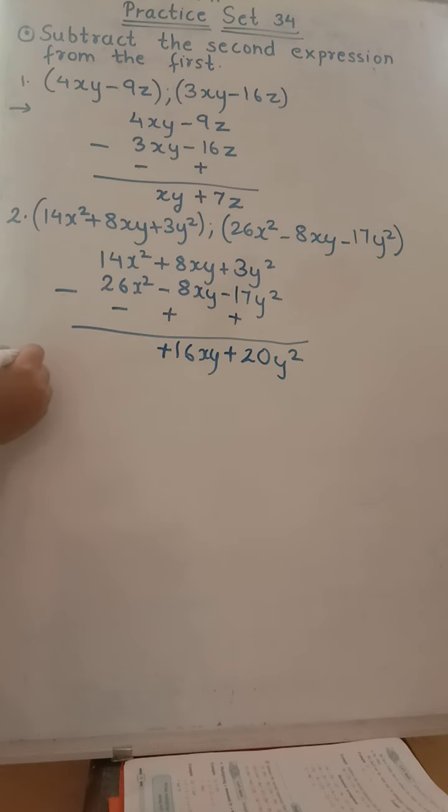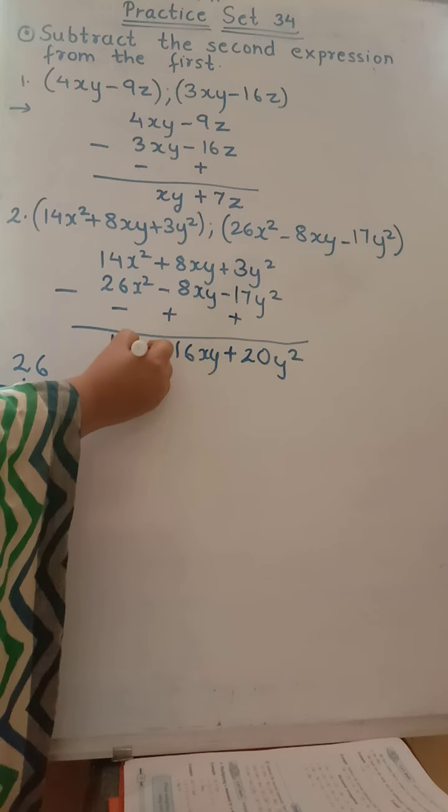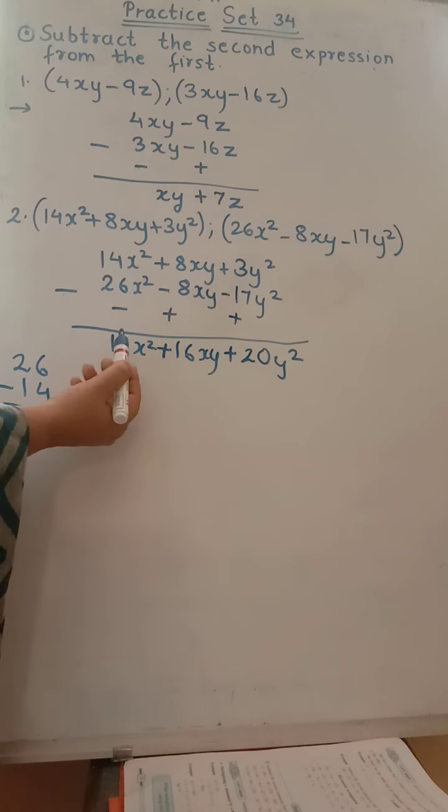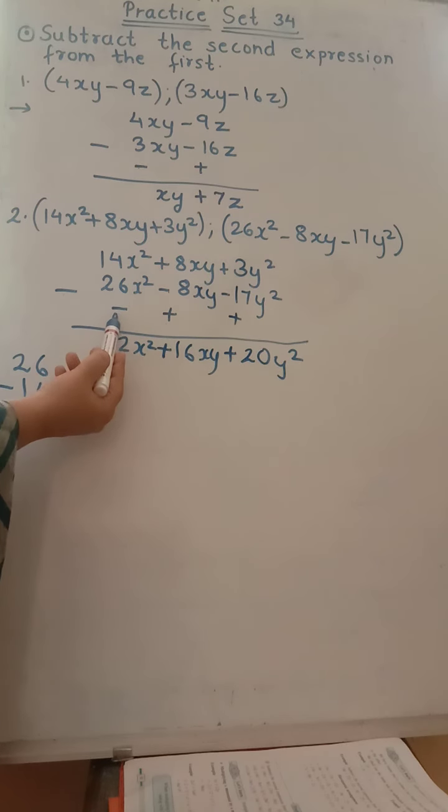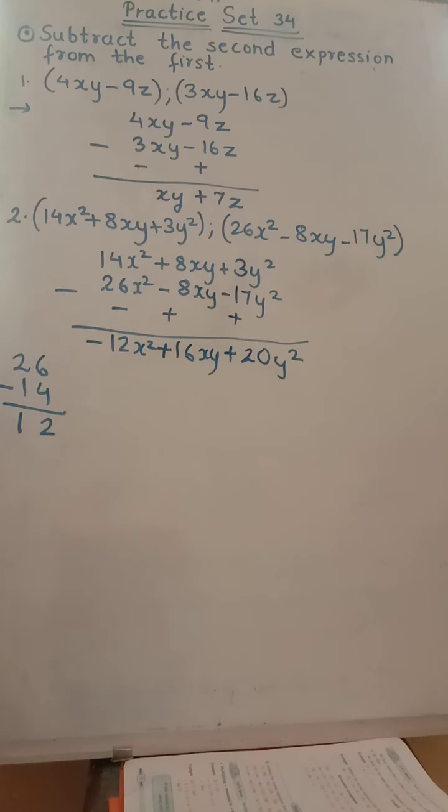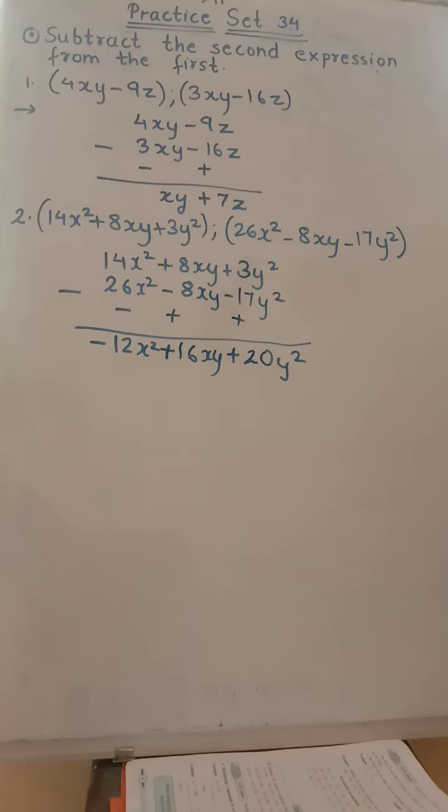So here I will show you, 26 minus 14 is 12, so 12x square. Don't forget children, the sign of 26 is negative, so it will be negative 12x square. Okay, so our answer is negative 12x square plus 16xy plus 20y square.